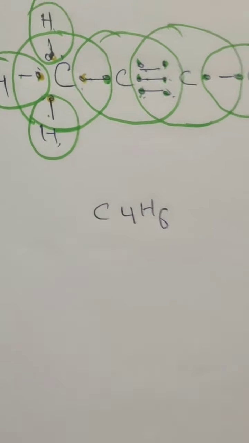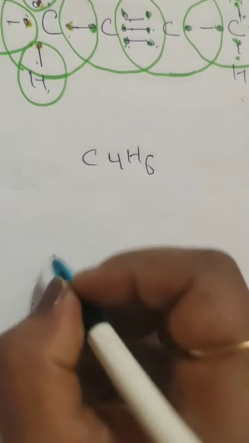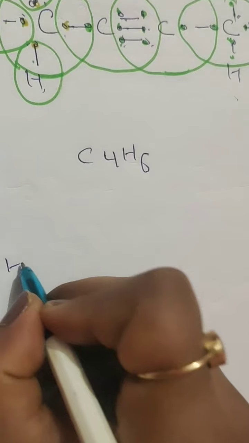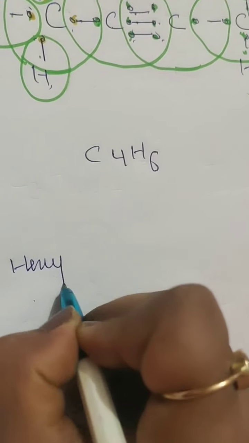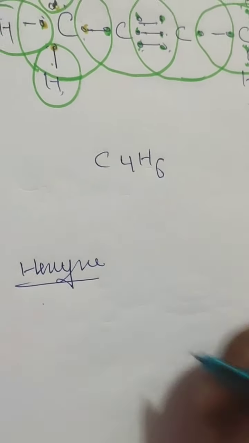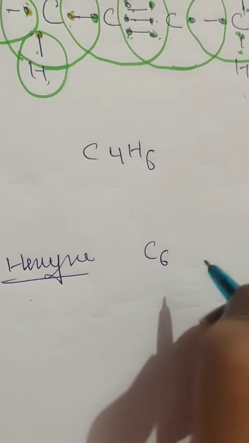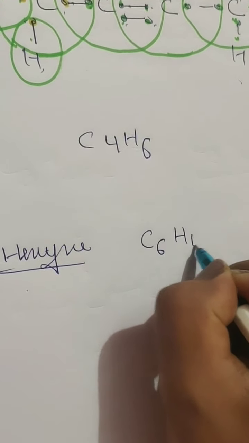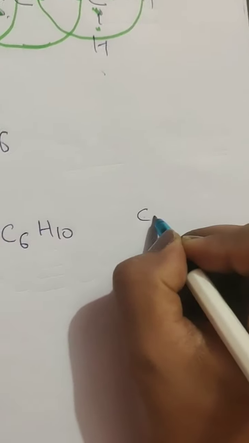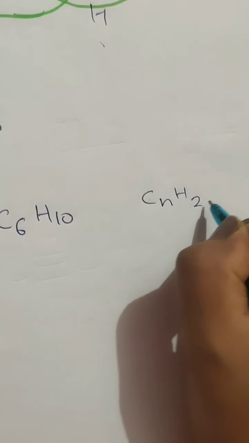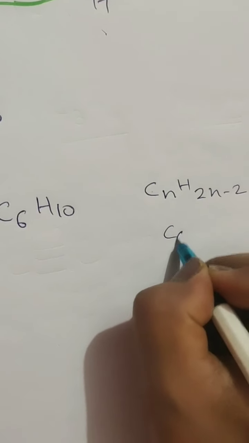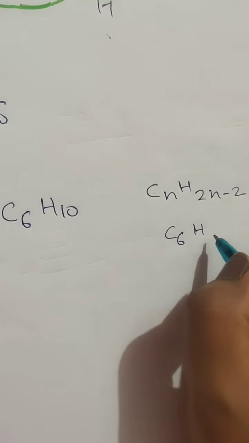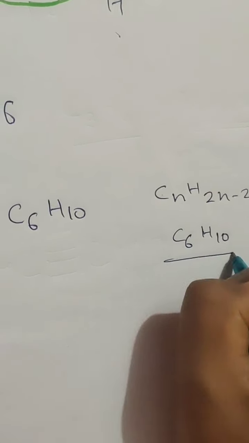One more example, the last example, if we take hexyne, it is an alkyne. It will be C6, hex means 6, and H will be 10, because the formula is CnH2n minus 2. So in C6, H is 12 minus 2, it will be 10.